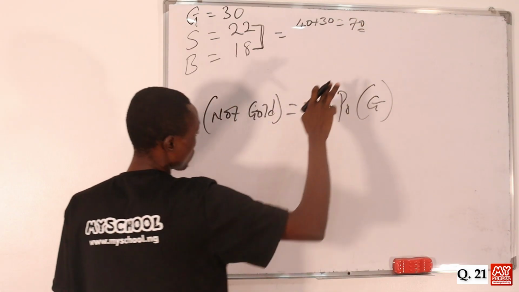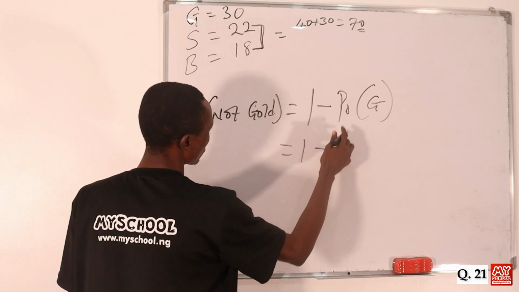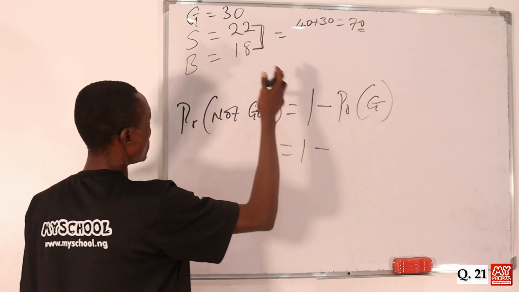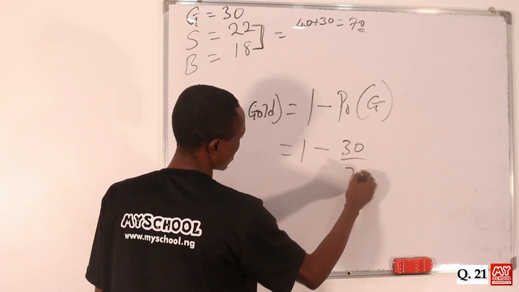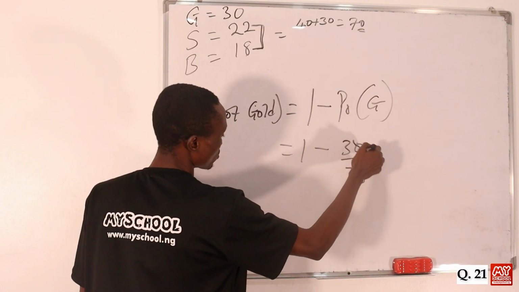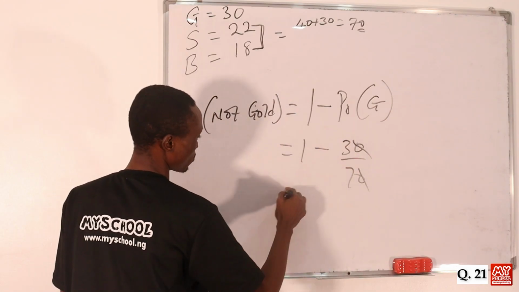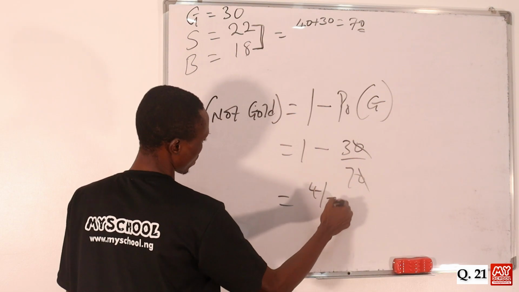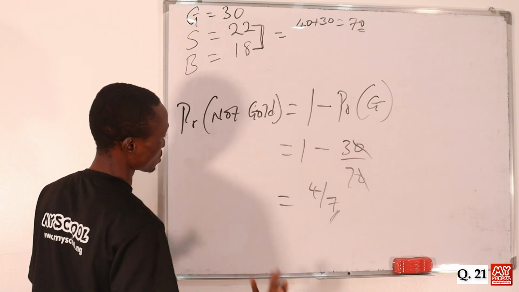So the total number of medals is 70, right? So here we'll be having 1 minus the probability that it is gold, which will be 30 over 70, right? So 0 will cancel out 0, leaving 3 over 7. Then 1 minus 3 over 7 will be equal to 4 over 7. So the probability that it's not gold is 4 over 7.